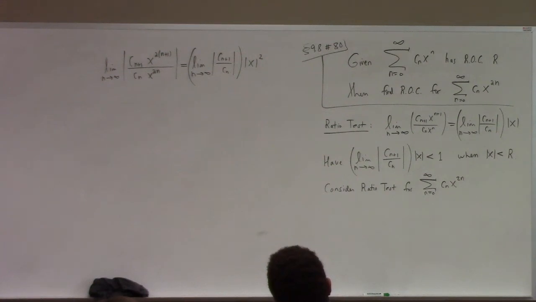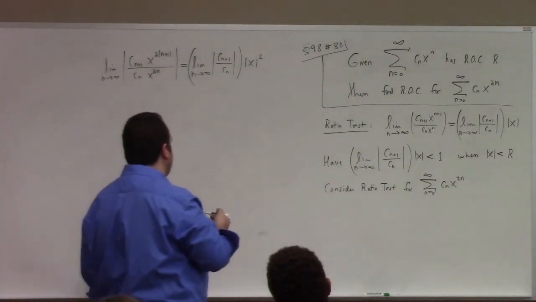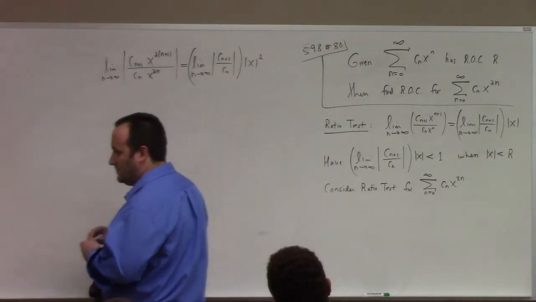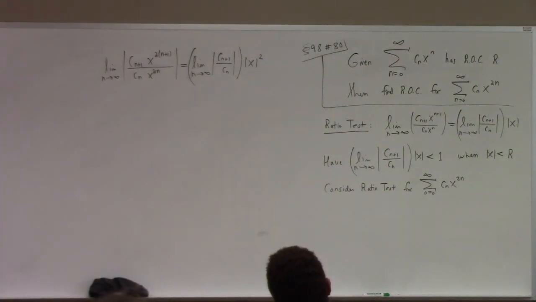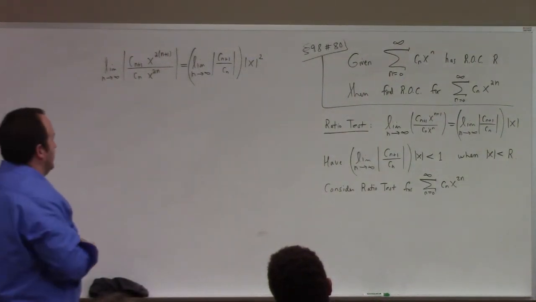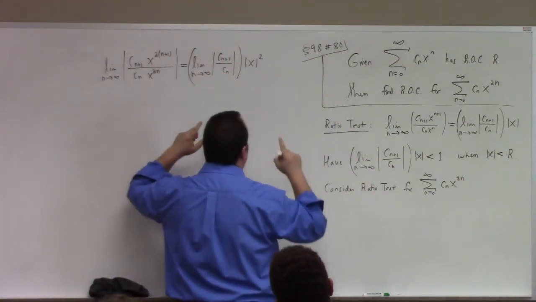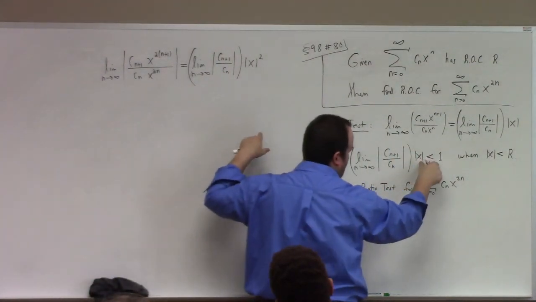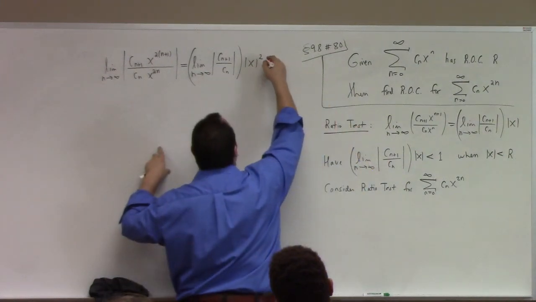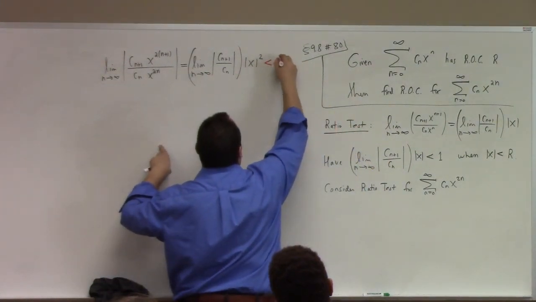So to get that to be convergent, what do we need? Maybe I shouldn't use x. Maybe I should use something else, because this x and that x over here are apparently not the same one, are they? So we need this to be less than 1.